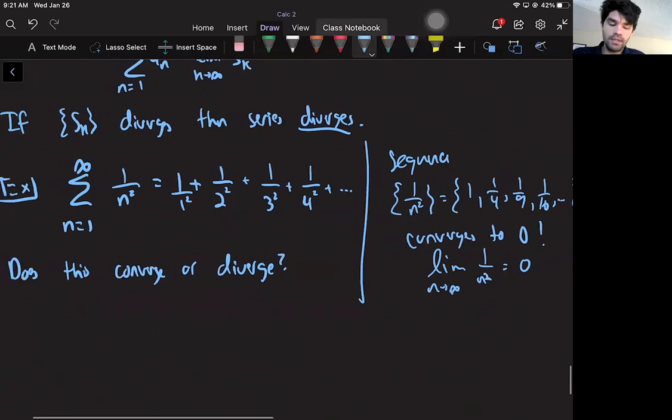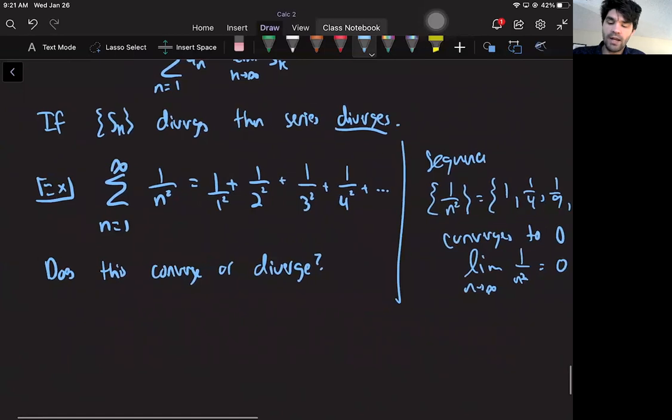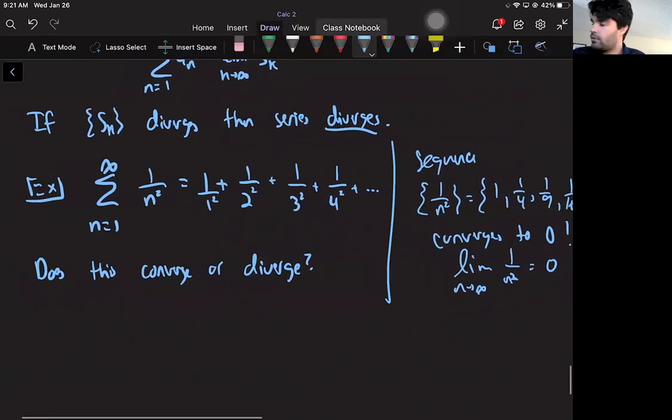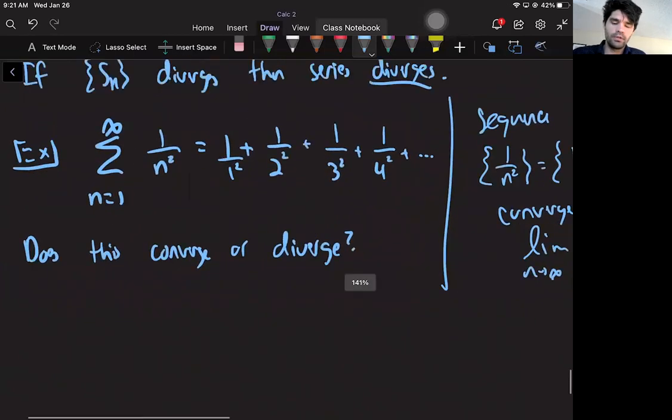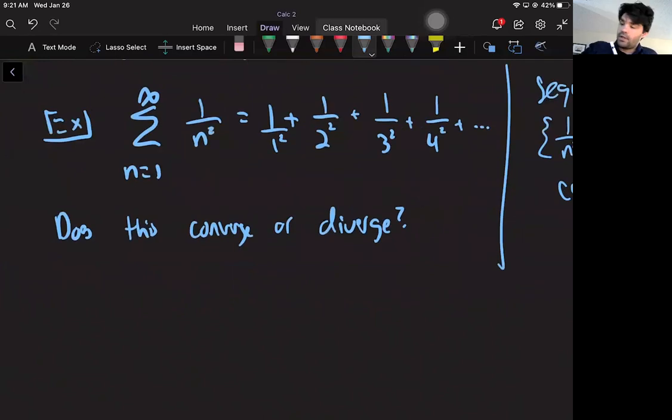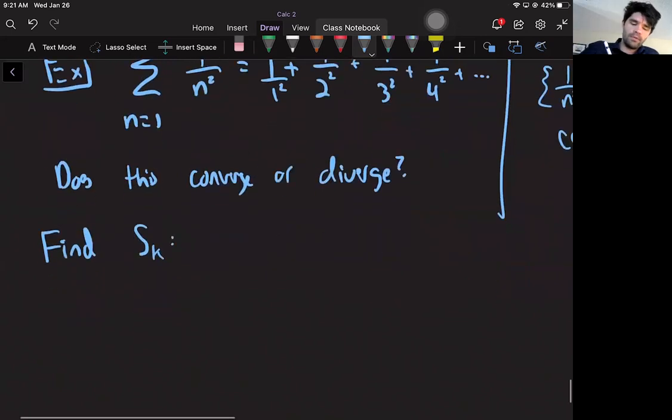But the series is a completely different beast. We're adding up the numbers. And so many more tricky things can happen. So when you want to think about this, we actually have to do a lot more work. We need to find the partial sums and deal with those. So we need to think about, okay, what's S1? S1 is just adding up the one term, 1.